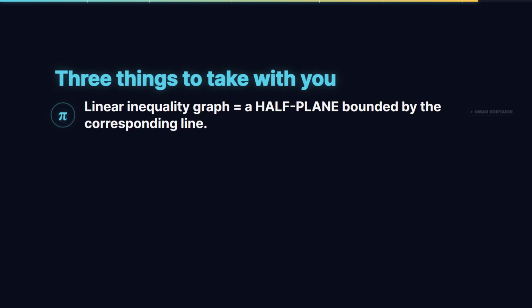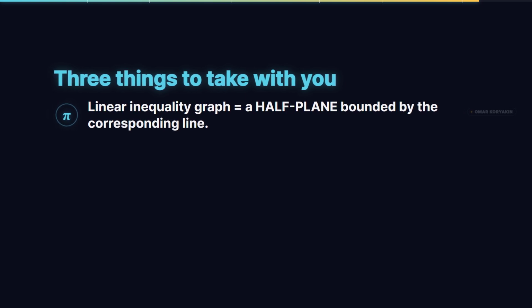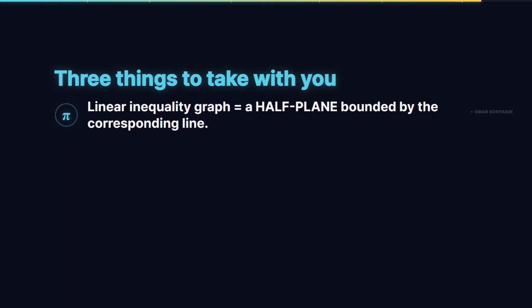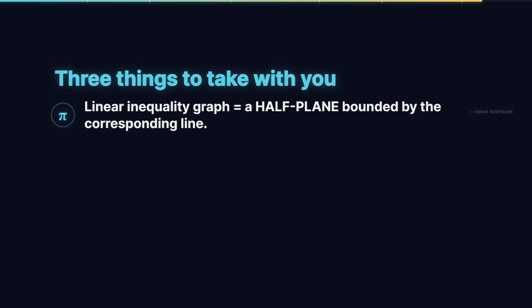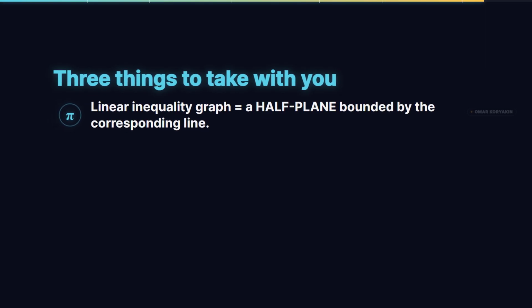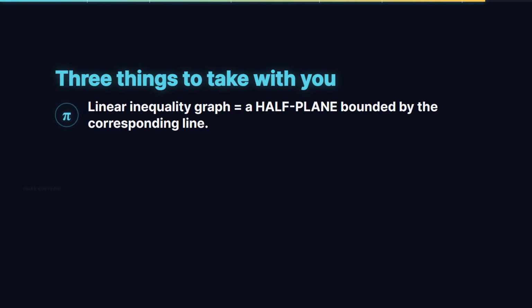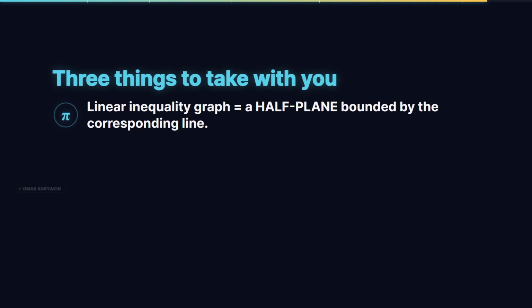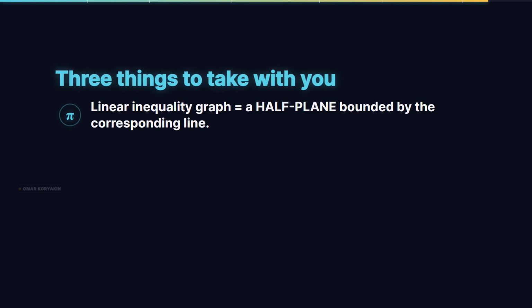The boundary line is the graph of the corresponding equality, and the inequality picks one of the two halves as the solution. Every point in the chosen half-plane satisfies the inequality, and every point in the other half does not. Understanding the half-plane structure is the conceptual foundation for all two-variable inequality work.